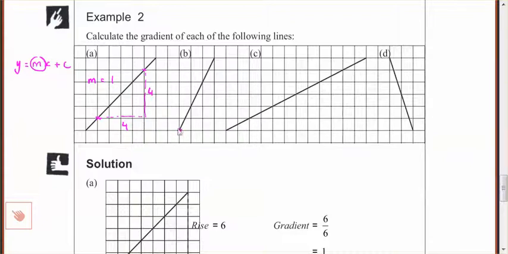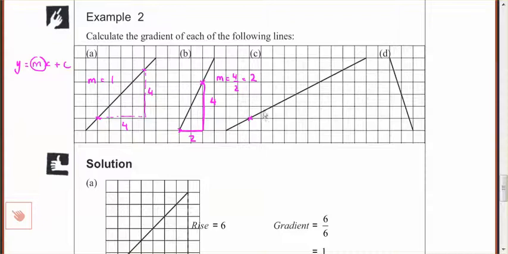Pick this point, and Jana, tell me when to stop. Okay, so the rise is how far? 4. The run is 2, so the gradient is 2. So 4 over 2, which equals 2. Millie, I'm going to ask you for 2 points. Tell me when to stop for the first point. Stop.